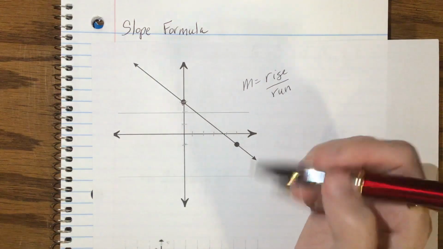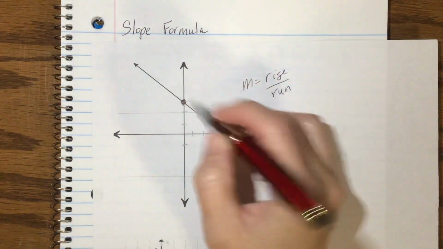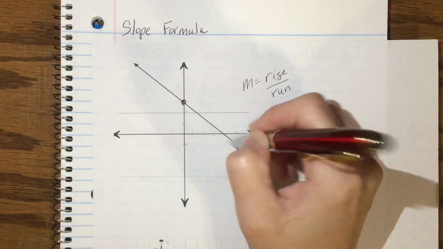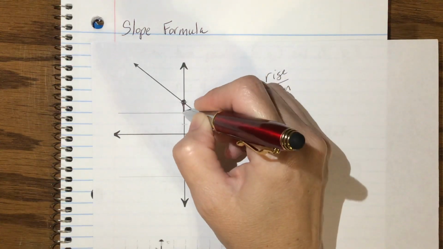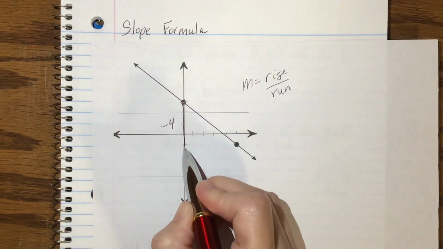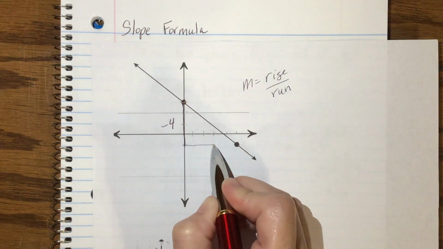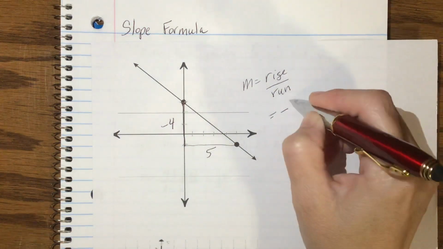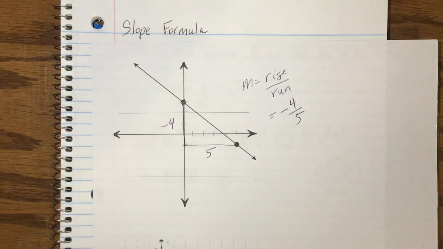So right there, where they come together. So you wouldn't want to pick, I'll show you on the next one, because this one, my lines didn't come through. So I'm going to count from here to here. So I'm going to count down 1, 2, 3, 4, down 4. And I'm going to count to the right 1, 2, 3, 4, 5, to the right 5. So my slope in this case is -4 over 5.